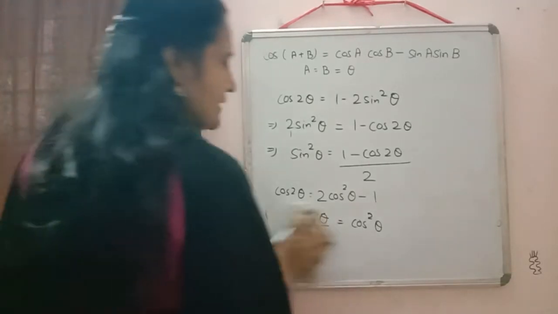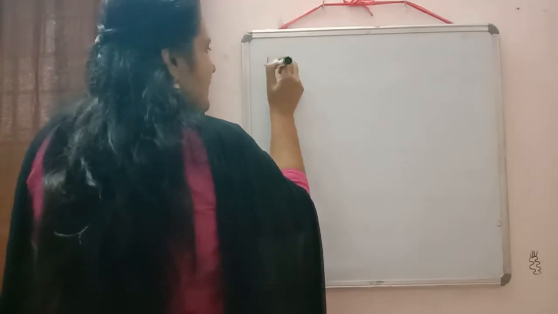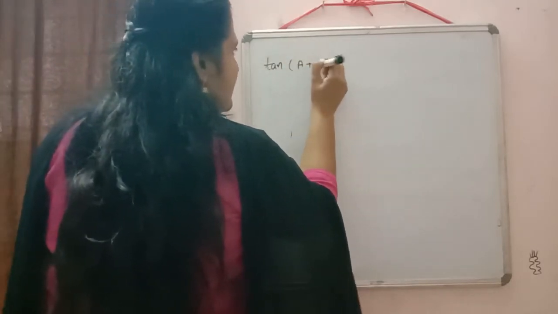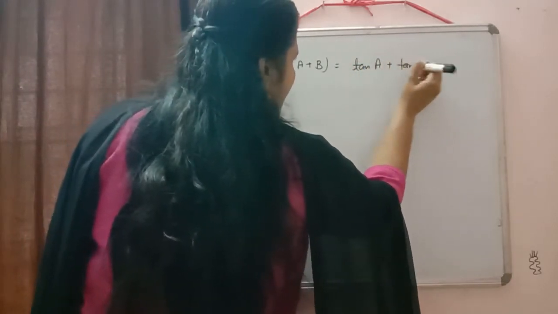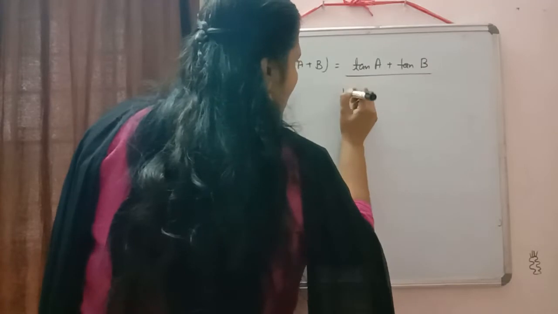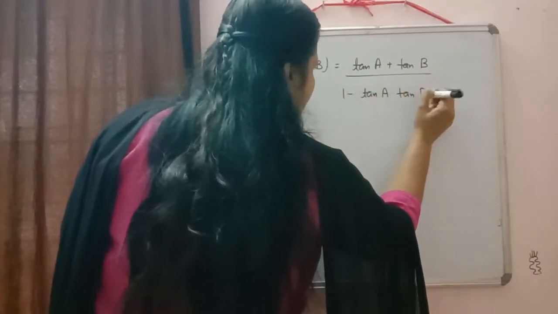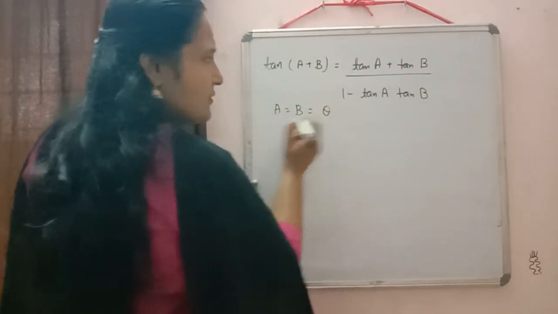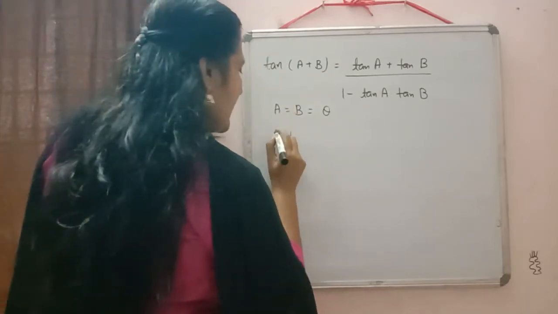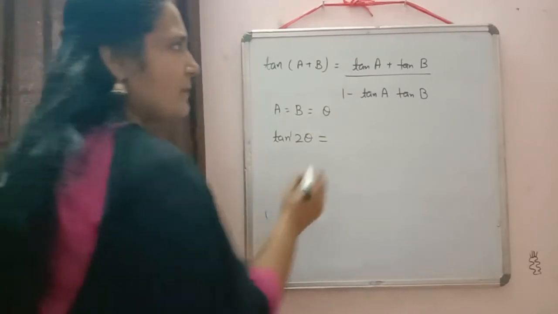Okay. Now we will check what is the formula for tan 2 theta. What is tan A plus B? Yes, tan A plus B is tan A plus tan B by 1 minus tan A into tan B. So again, if both the angles are equal, A is equal to B is equal to theta, then our left hand side will become tan 2 theta is equal to, what will come here?